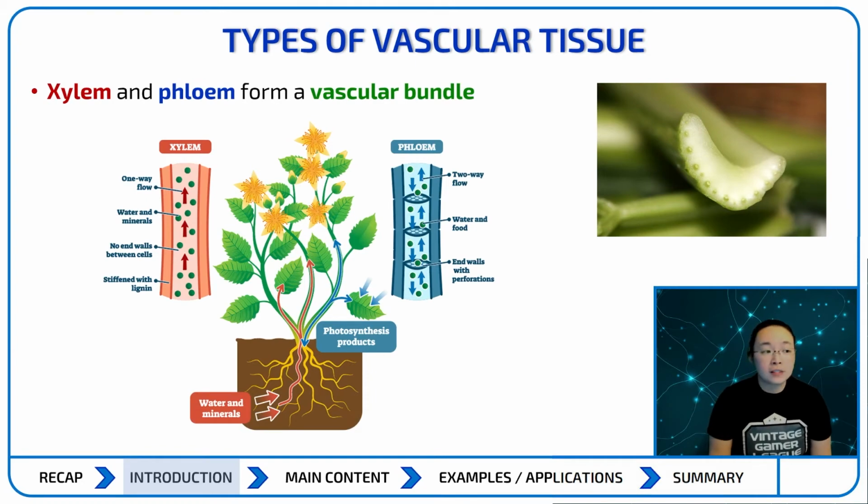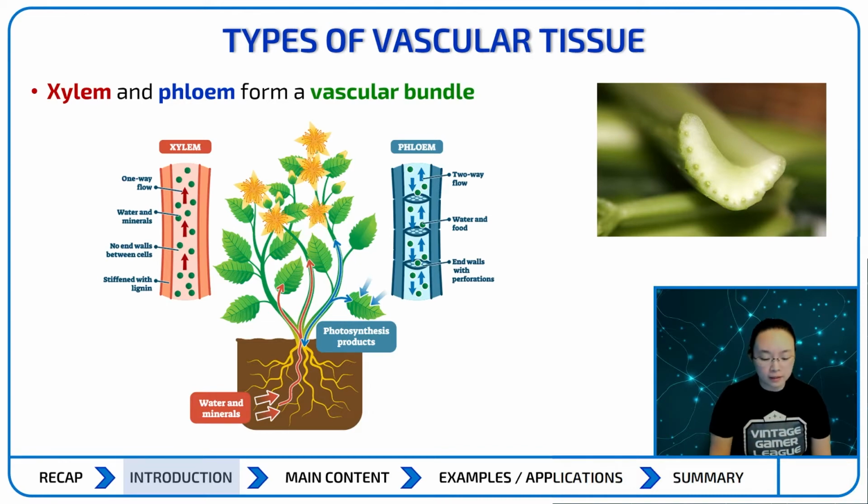Okay, so the first step is to understand what a vascular tissue even means. So humans have the cardiovascular system, and these plants have vascular tissue. The term vascular basically means something that consists of a channel or a tube. In humans, the channels carry blood, and in plants, the channels carry water and nutrients.